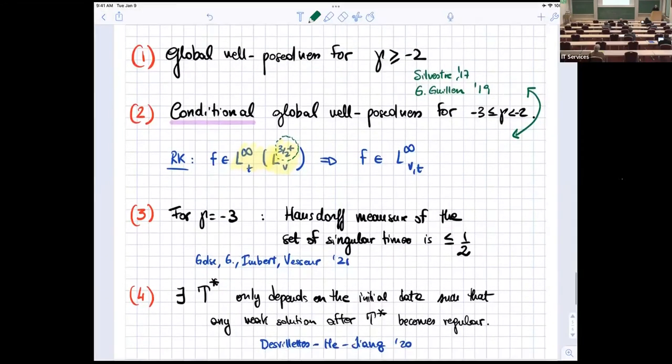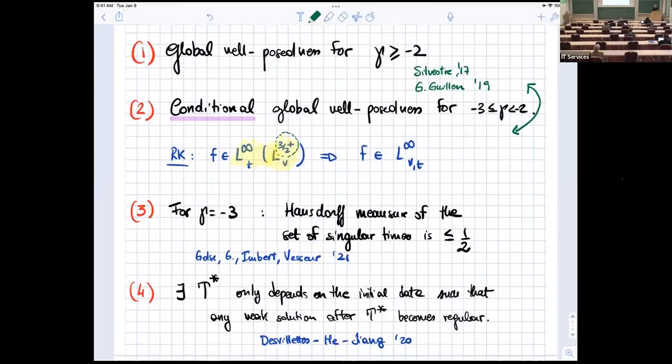So I remember that last week, Jeremy, and he's not here, I don't know if he's on Zoom, was asking about, because Louis Silvestre was talking about result number 1, whether they are based on entropy and estimates on the entropy production, right?